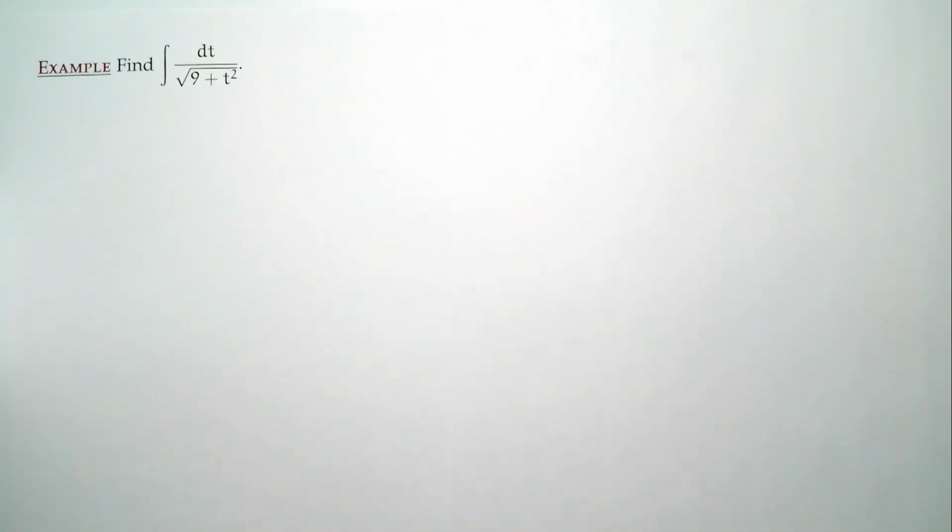All right, let's do a lot more. The more we do, the better we get. Find the integral of dt over the square root of 9 plus t squared. All right, I don't know what that looks like. It's something. What kind of substitution are we going to make here?